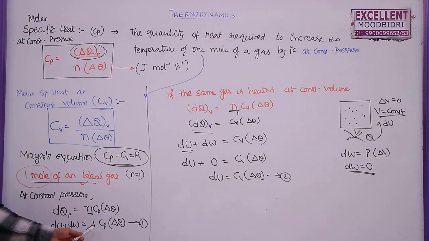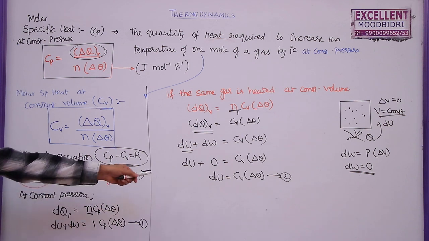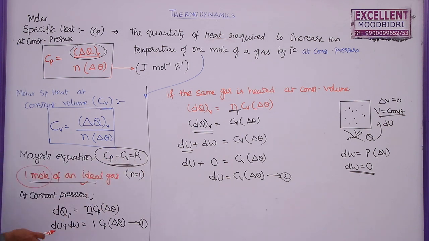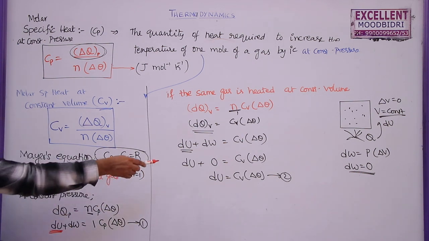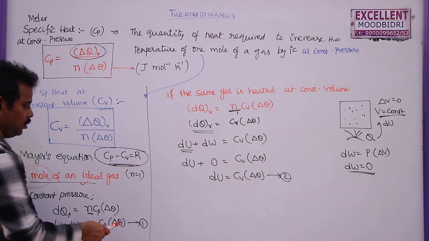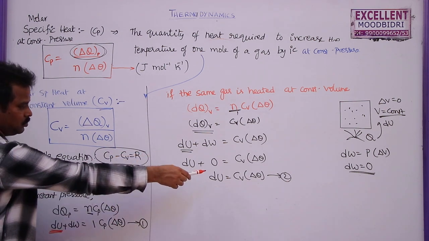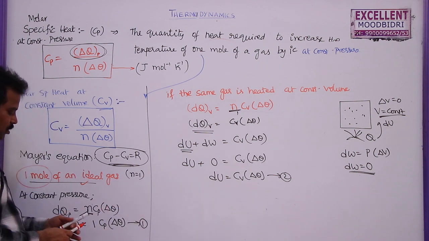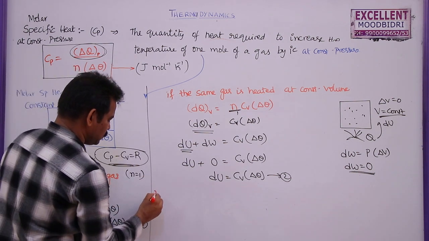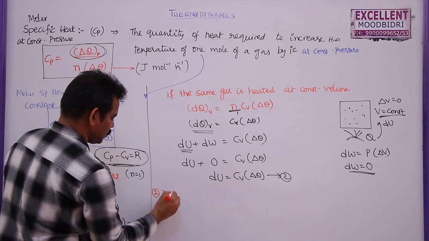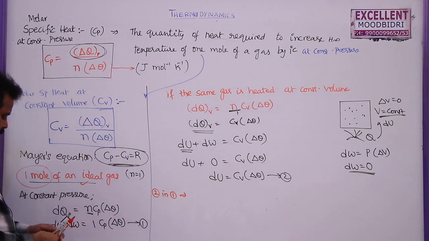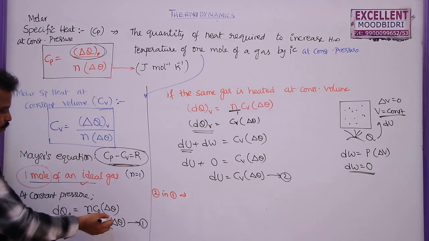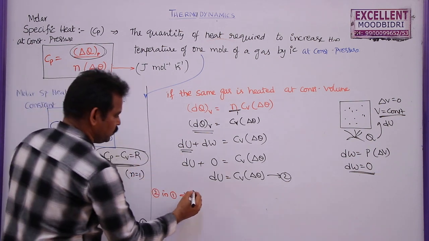Du plus dW is equal to Cp delta theta. Du itself is Cv delta theta. So in place of du I can write Cv delta theta. So I am going to use this concept, substituting the second equation in the first equation. So by keeping 2 in 1, we can write du plus dW is equal to Cp delta theta, but du is equal to Cv delta theta.